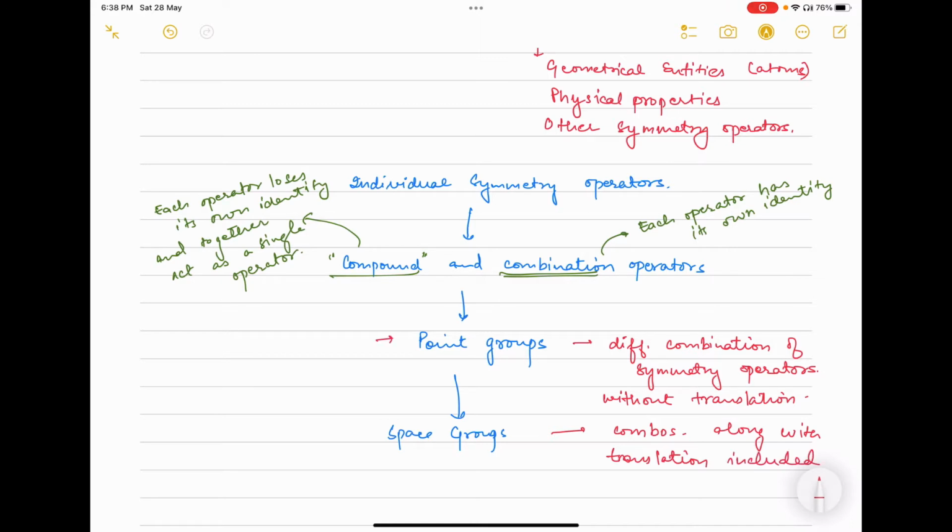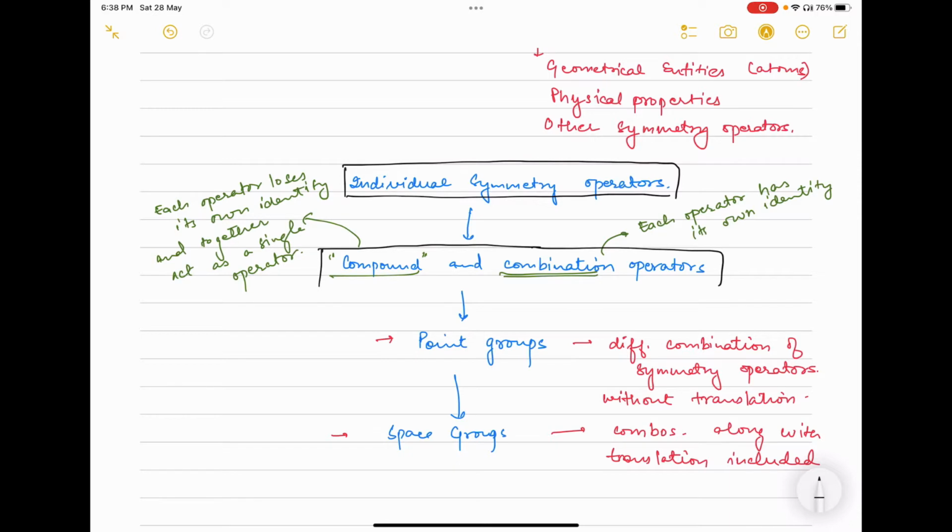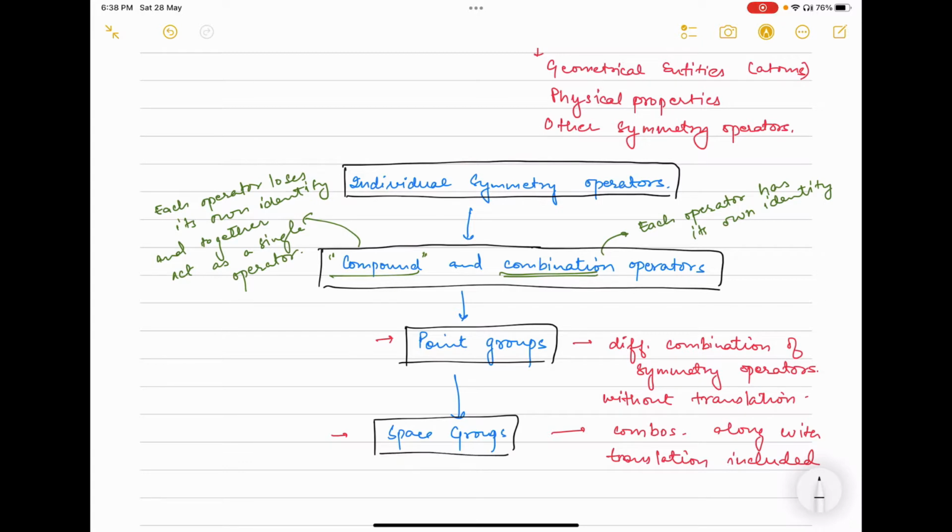This is without translation included and this is with translation. Okay, so from individual operators you get compound or combination, then you get point groups and then you get space groups.